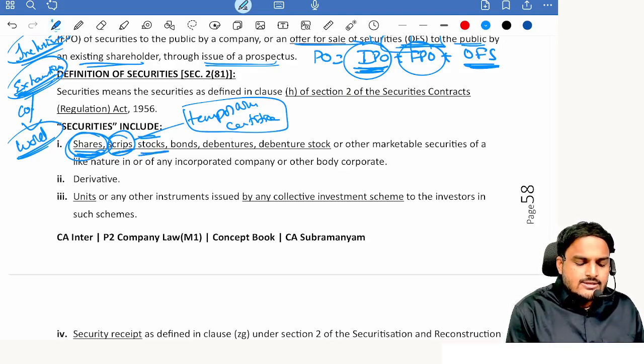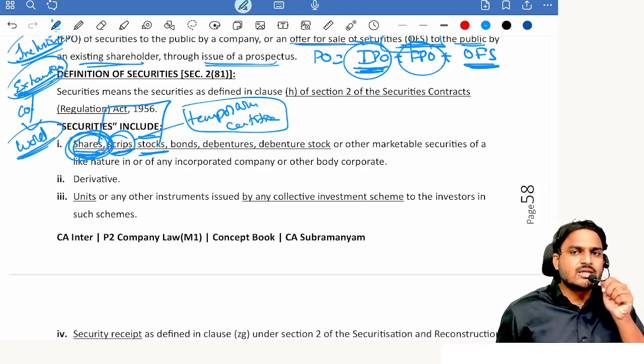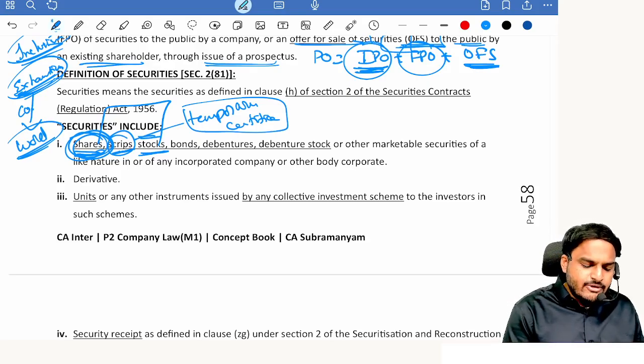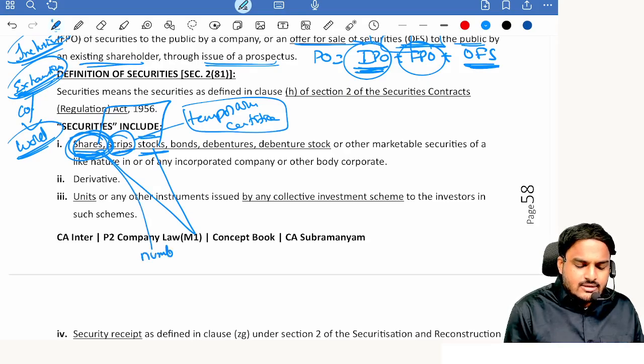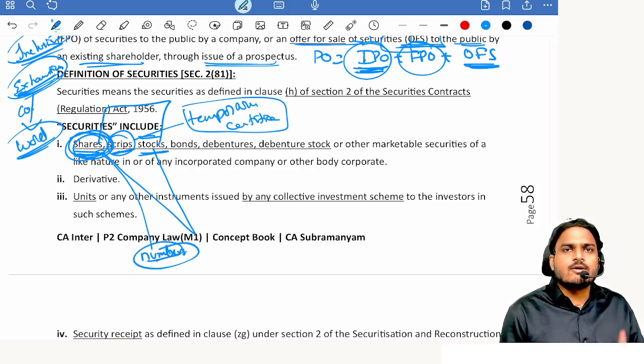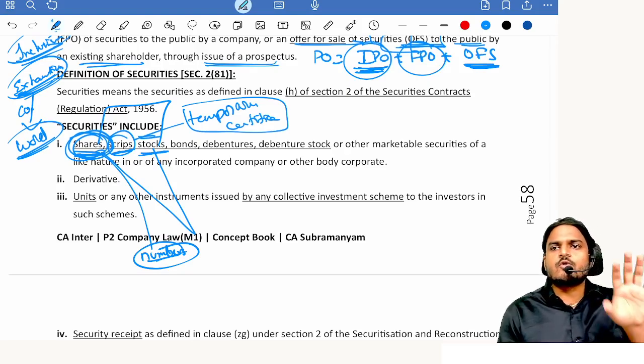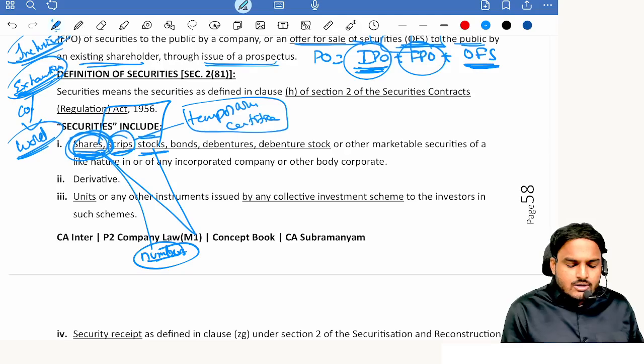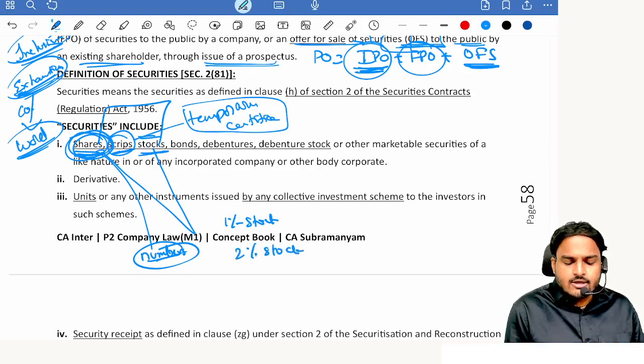Next one, stocks. Stock is nothing but a collection of shares. And the difference between shares and stock: shares you can transfer only in numbers, like 1 share, 2 shares, 3 shares, like that only. Whereas stock you can transfer in percentage. You can transfer 1% of stock, 2% stock, 5% stock.